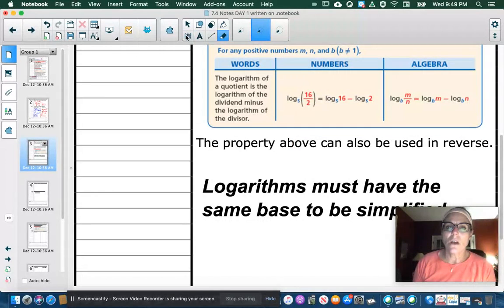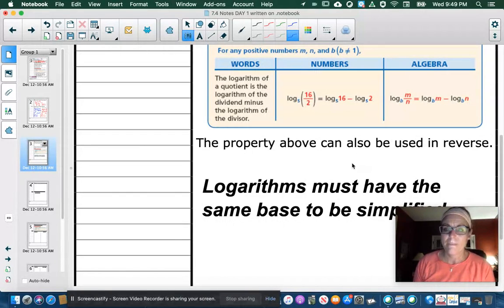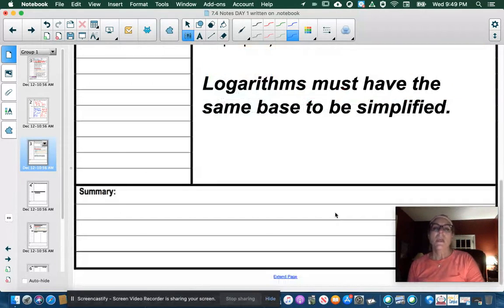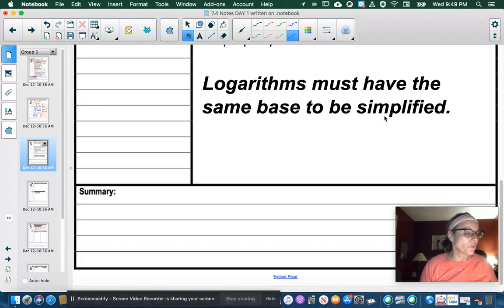If we take the log base 5 of 16 over 2, that's the log base 5 of 16 minus the log base 5 of 2. Logarithms must have the same base in order to be simplified. That is critical here.